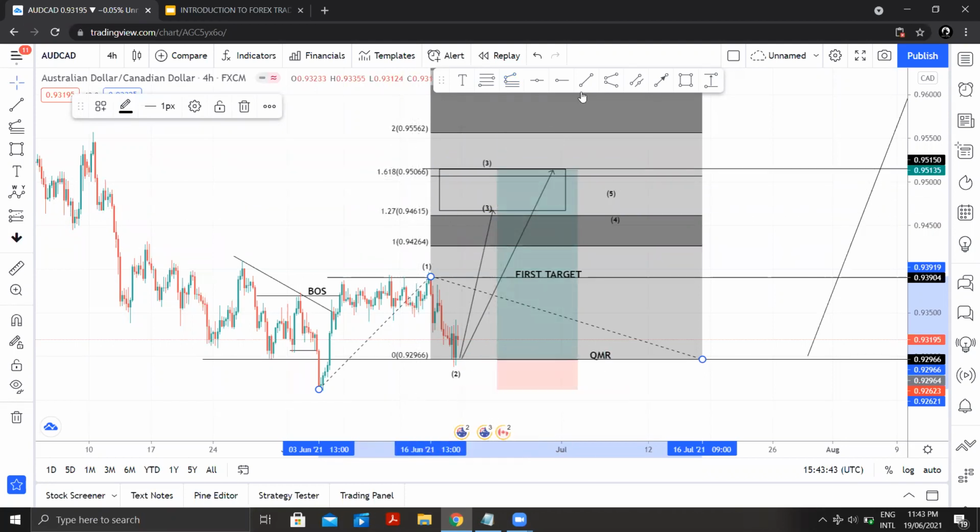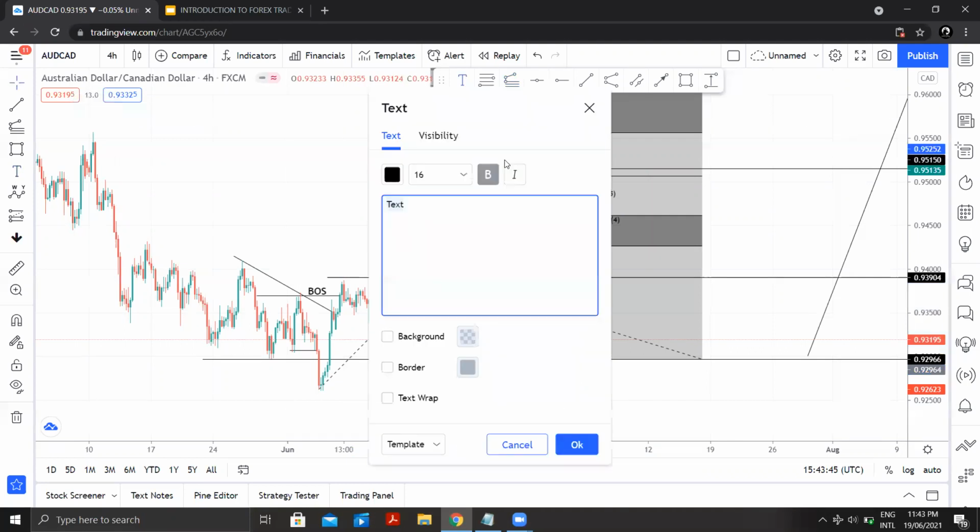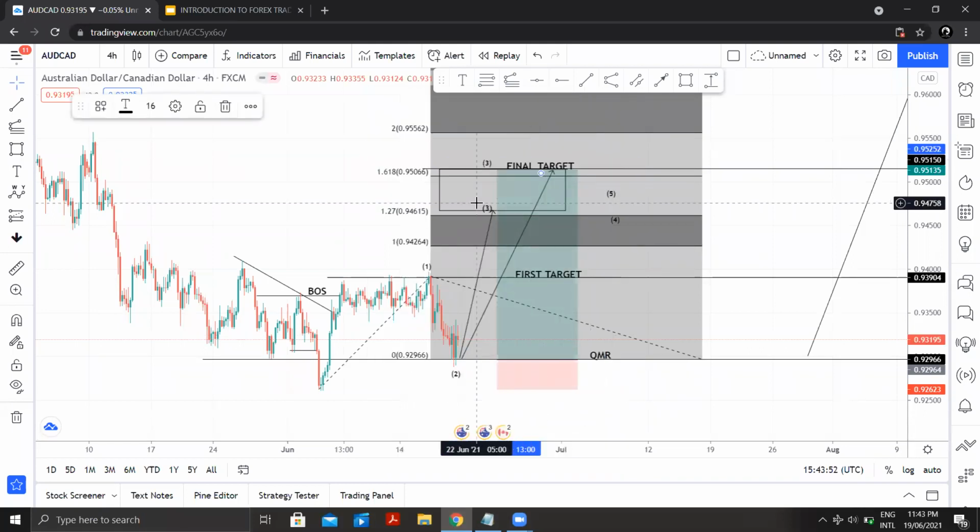I'm looking at these two levels, but particularly I'll stay with the final target of 1.618, which is the Fibonacci tested level. But I'm looking at 1.27, but this is my final target. And this is the first target for you to have your first take profit level.